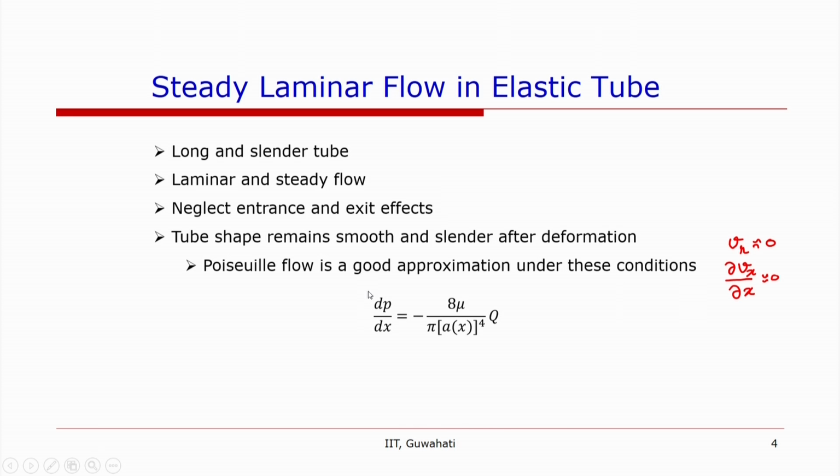From our previous lectures you might remember that for Poiseuille flow the pressure gradient is equal to minus 8 mu by pi a to the power 4 times Q, where Q is the volumetric flow rate and a is the channel radius.